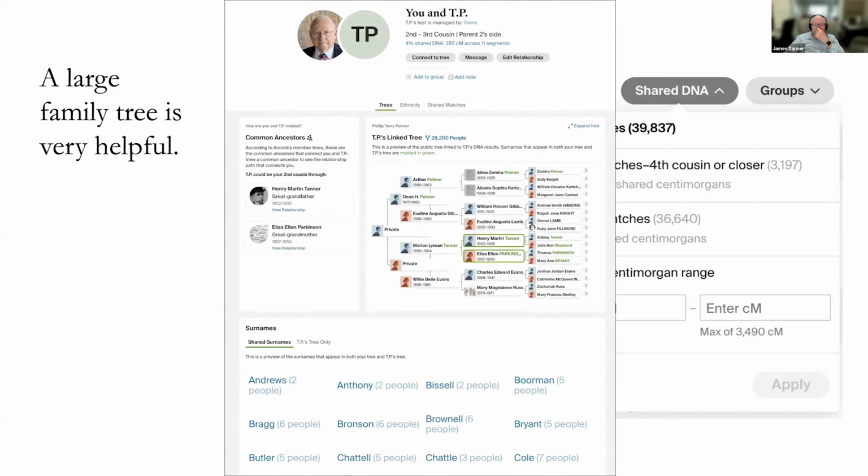So here's an idea of what it looks like. This is a report about how I am related to one person who is on a family tree. And you can see that there's a green line there that shows how I'm related to that person. It also has a list of surnames down at the bottom that give me an indication of who that is and how I'm related to these people.